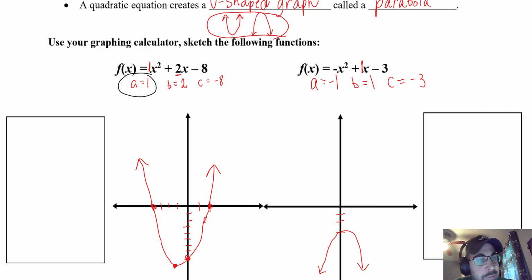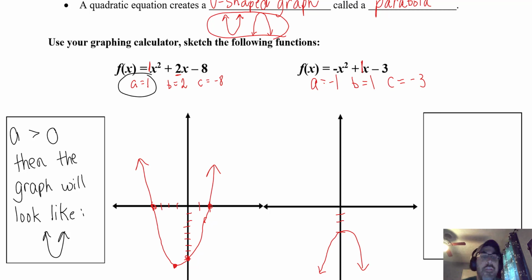If the a value is positive, or in other words, greater than 0, then our graph is going to be a U shape. And vice versa, if a is negative, or in other words, less than 0, then our graph is going to be an upside down U.